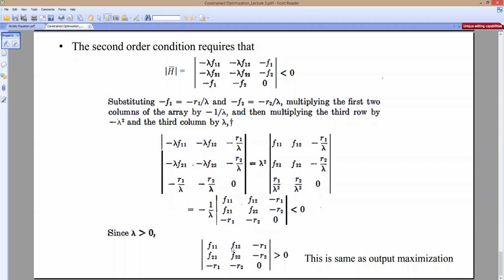So if this is fine, we can consider the second order condition. Now here you are getting that the border has come in a different way, but this is the same thing. So we can add the border in this way, or we can add the border in this way too.